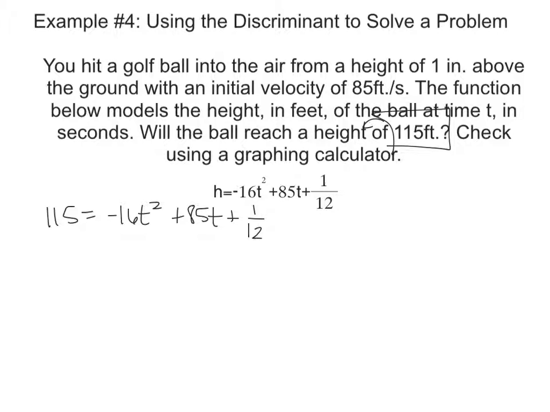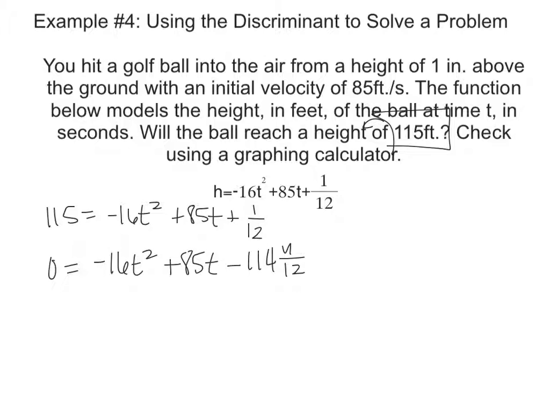So that would be 0 equal to -16t squared plus 85t minus 114 and 11/12. I got that because I subtracted 115 on both sides.